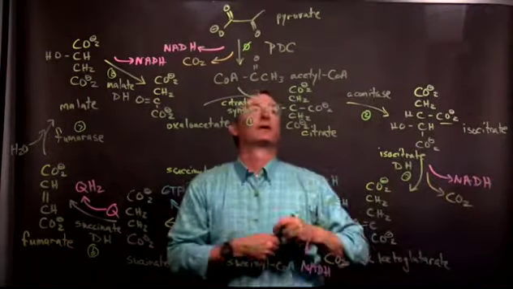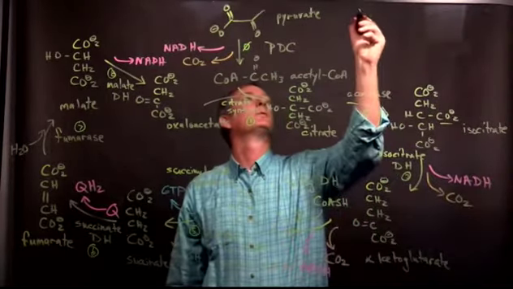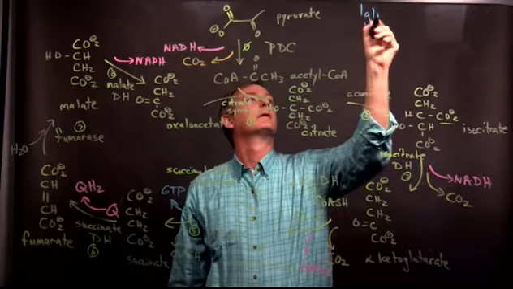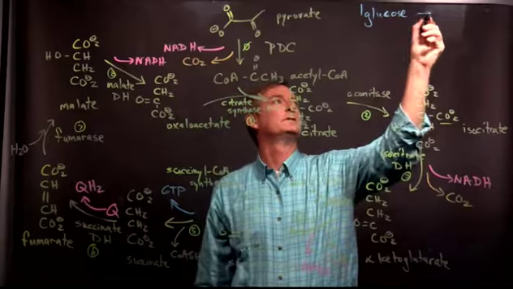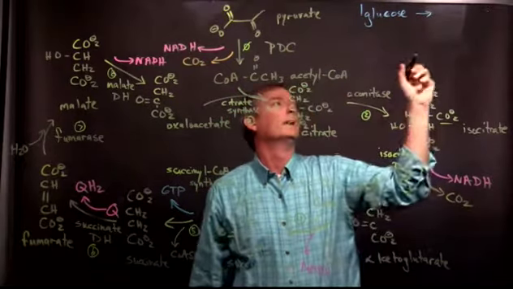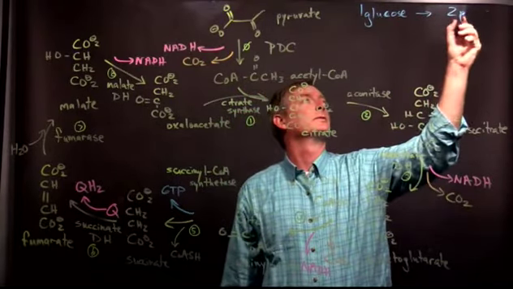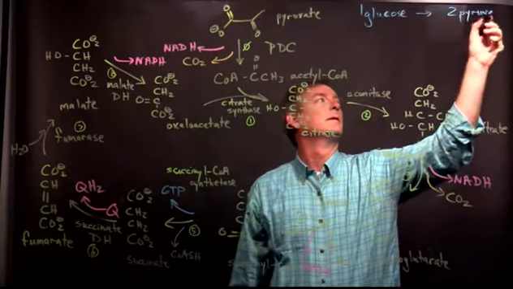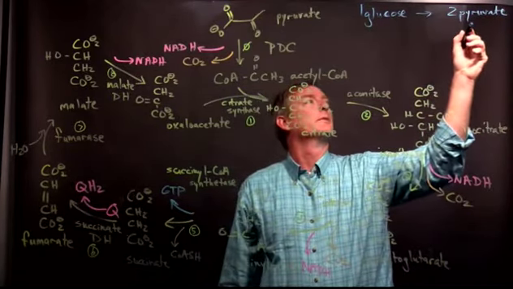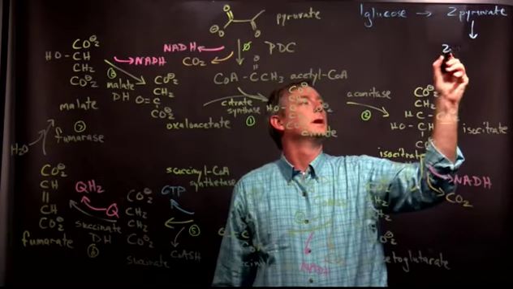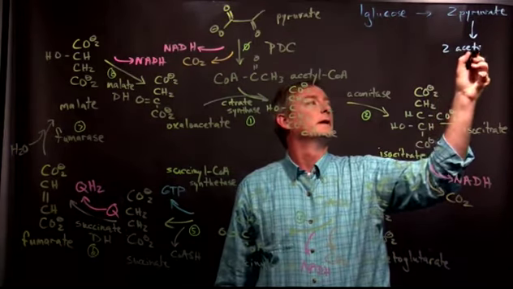Up in the corner, right? So for 1 glucose, we generate 2 molecules of pyruvate. And those 2 molecules of pyruvate turn into 2 molecules of acetyl-CoA.